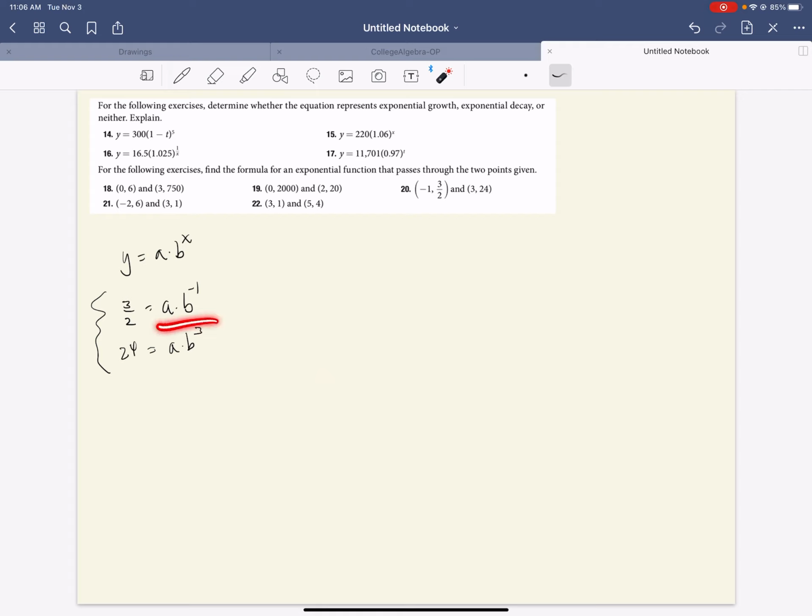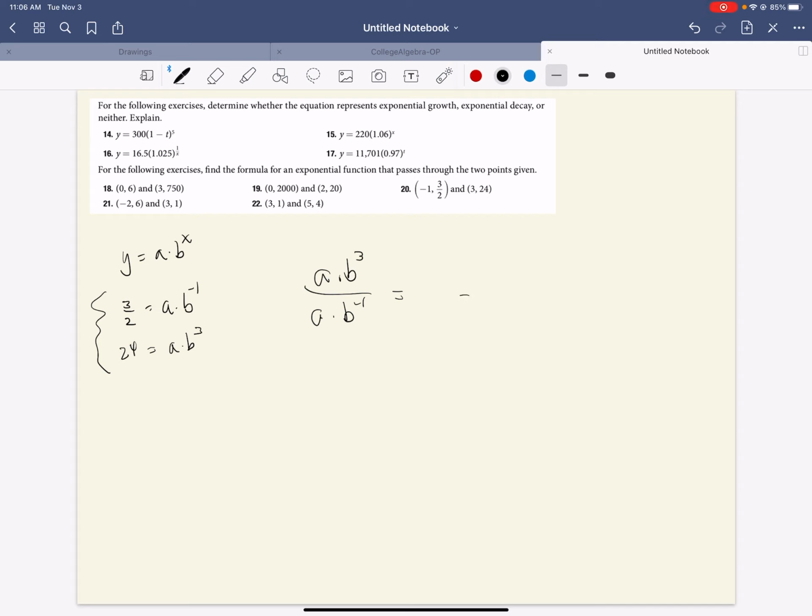So instead of doing it this way, I'm going to do it with this as the numerator and this as the denominator. Watch what happens. I'm going to say a times b cubed over a times b to the negative 1. If I build that fraction, I know what ab cubed is. ab cubed is 24.